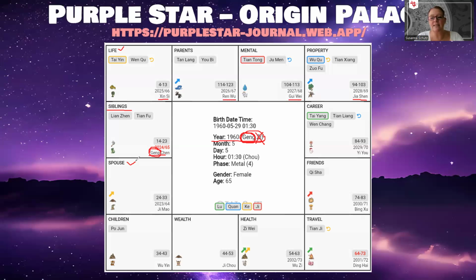Now, the spouse palace, if your year stem is in the spouse palace, you tend to put a lot of weight on what your partner thinks about your decisions. Yeah, or you make drastic decisions because of a relationship. Maybe you migrate, you move to a different country because of a relationship. Yeah.